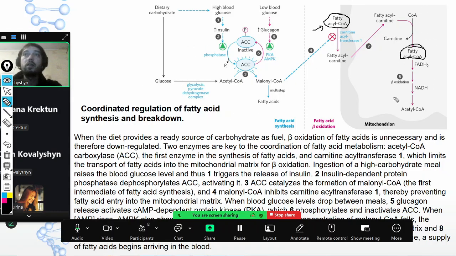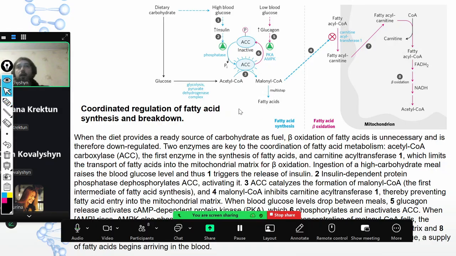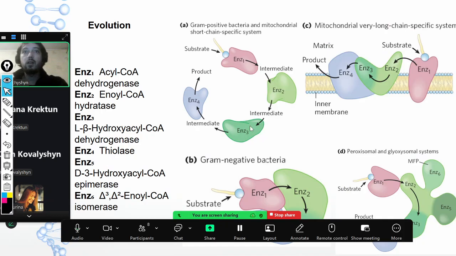So we don't need these costly processes with many steps. And that's basically stopping the degradation of the fatty acids, and instead we are getting into the process of acquiring some new fatty acids through fatty acid synthesis. And we will get to that in a couple of slides.